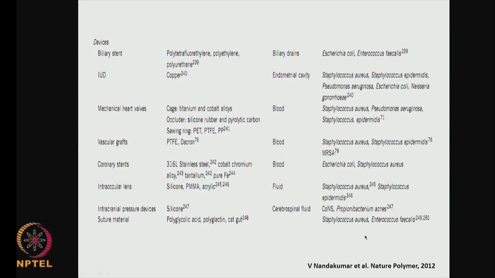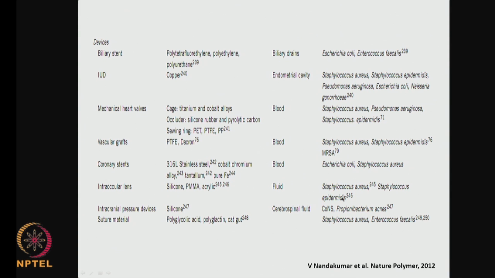And finally devices, different types of devices, biliary stent, intrauterine device like copper, vascular grafts, coronary stents, intraocular lenses, they all can end up having Staphylococcus aureus and epidermidis and E. coli.